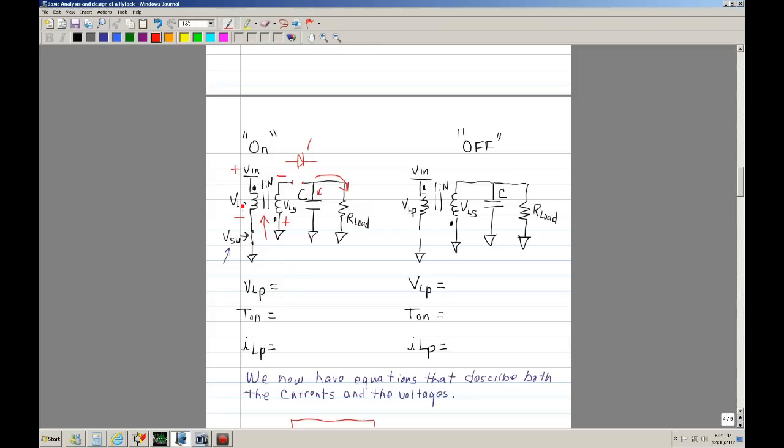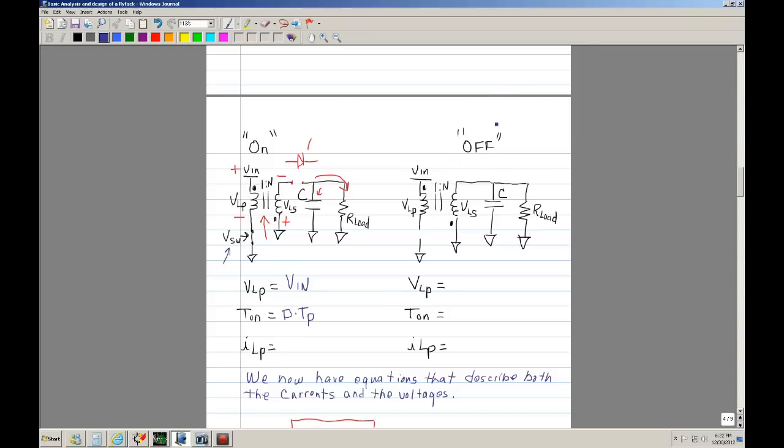So basically this voltage will be Vin, and the time period we define as D times Tp.